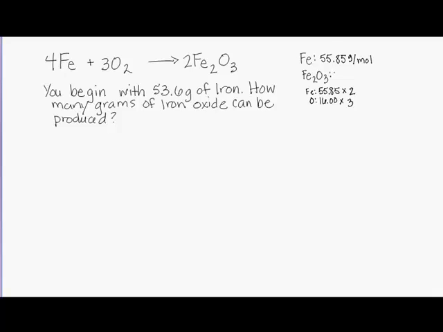This calculation will give us a molar mass of 159.70 grams per mole for iron oxide.